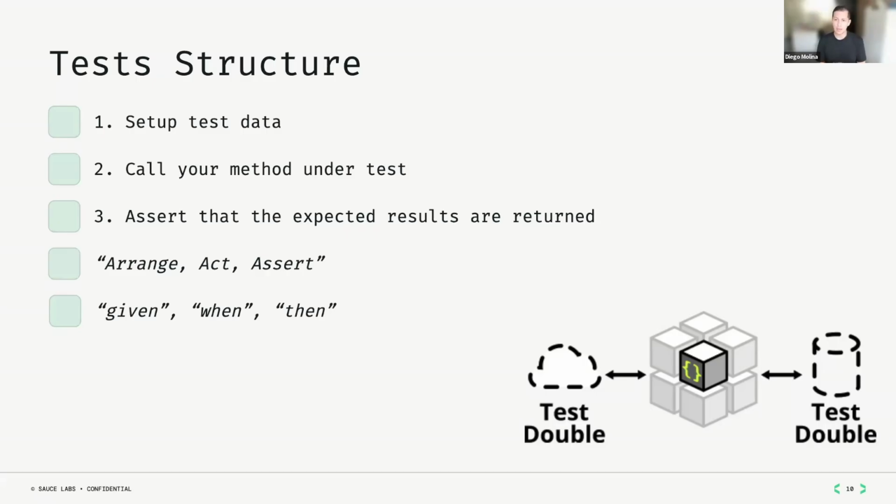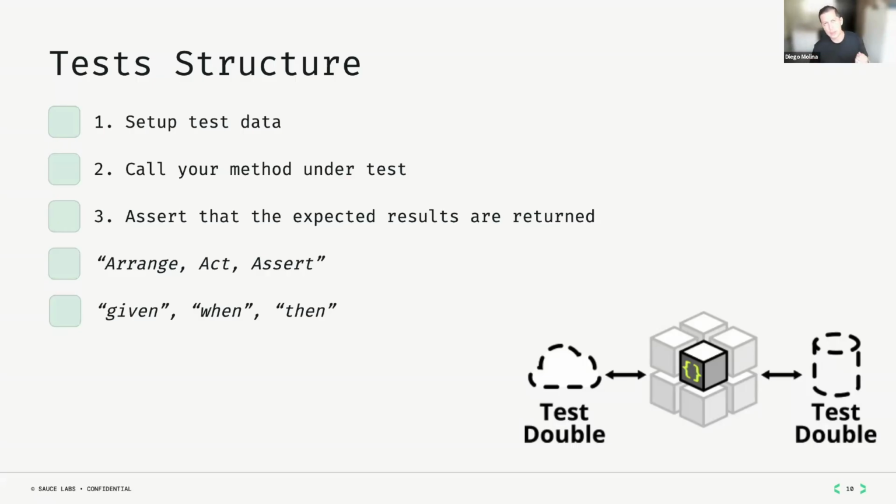Then you actually make an invocation to the thing you want to test. And when you have done that invocation, you get a result that you assert on. So this is a typical premise for testing: arrange, act, and assert.